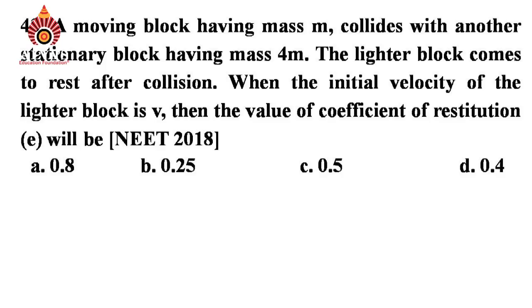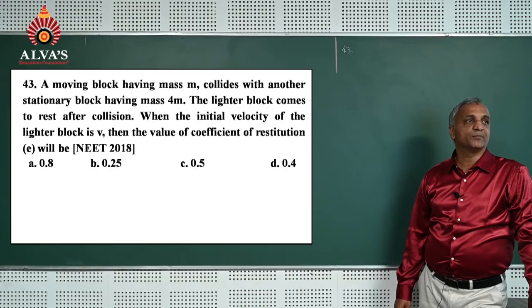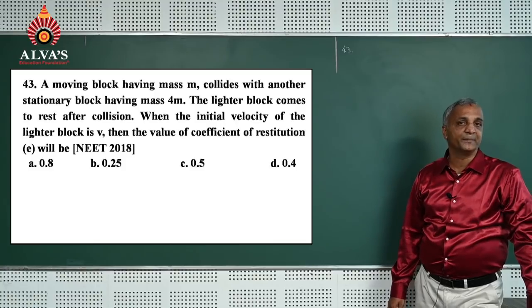Question number 43. A moving block having mass m collides with another stationary block having mass 4m. The lighter block comes to rest after collision. When the initial velocity of the block is v, then the value of coefficient of restitution will be.